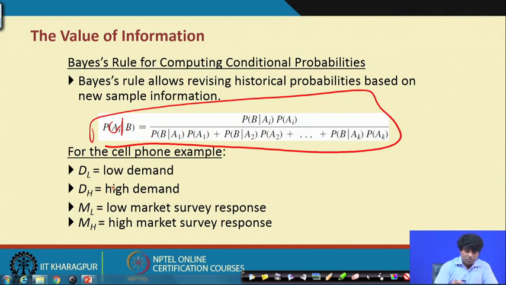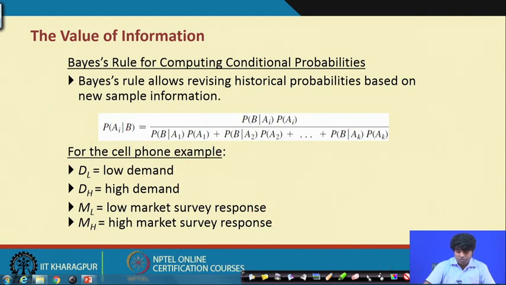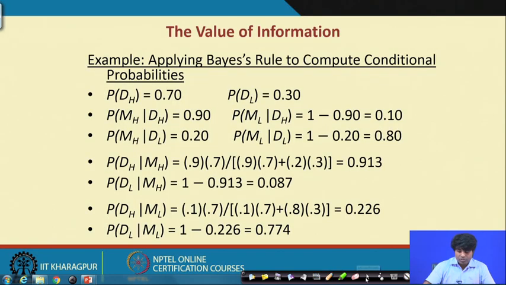Now in this case we have two different structures: low demand and high demand, and low market survey response and high market survey response. Then we prepare a decision tree corresponding to this information, and the final choice about a particular requirement depends upon the Bayes theorem requirement.